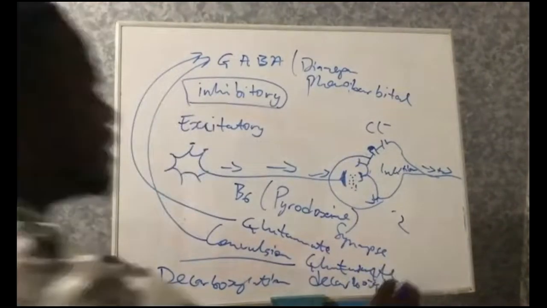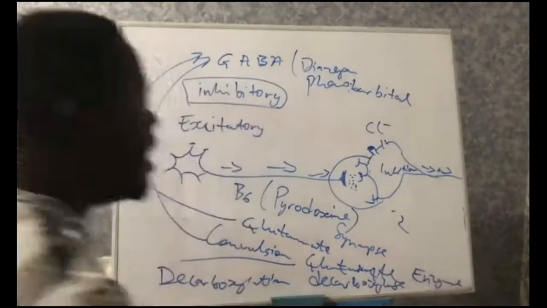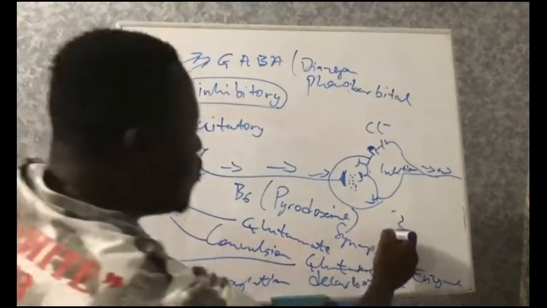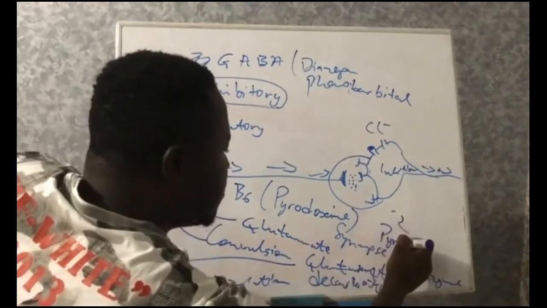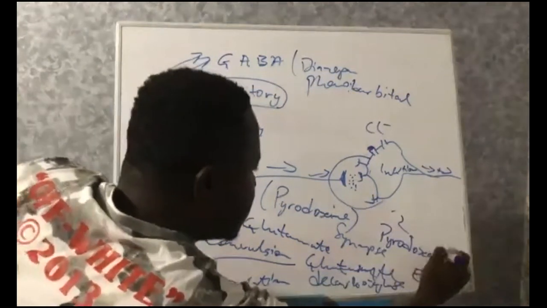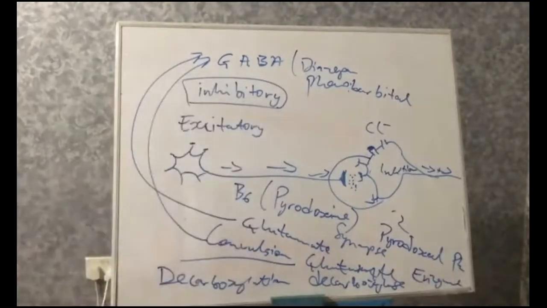Now, this is the enzyme, but this enzyme needs a coenzyme in order to function properly. And that coenzyme, we usually call it pyridoxal phosphate, or simply PLP.